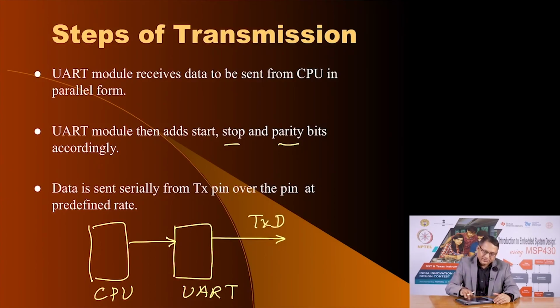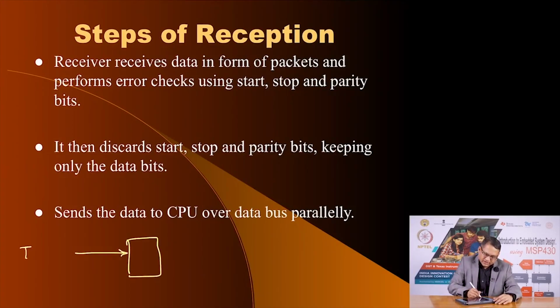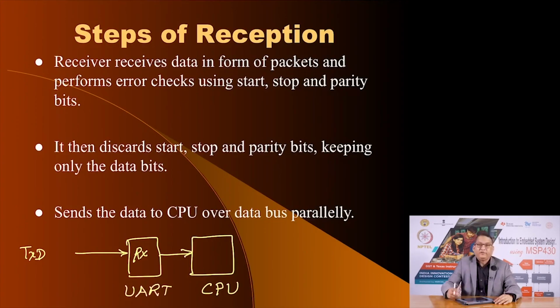In the case of reception, you reverse the format. Now, the UART is going to receive data from a transmitter. It is going to come into the RX pin, and this will communicate to the CPU. This is your CPU, this is your UART. The UART will receive the start bit, it will start receiving the data bits, and then the parity and the stop bit.